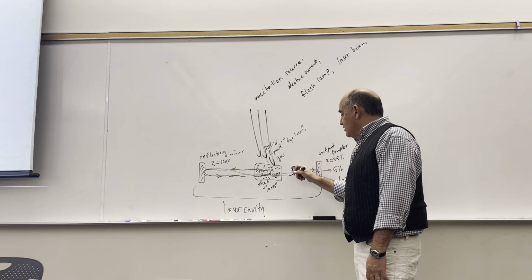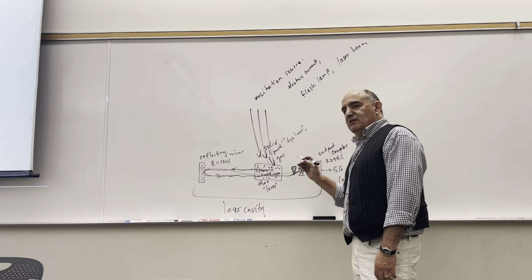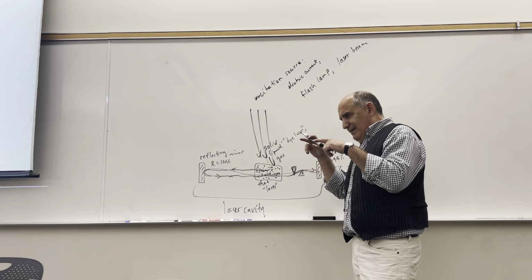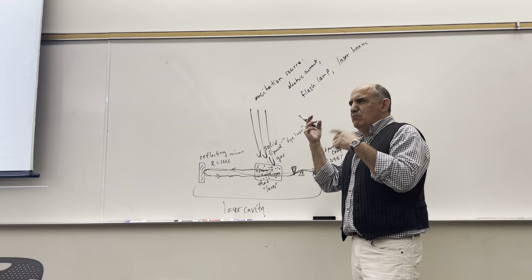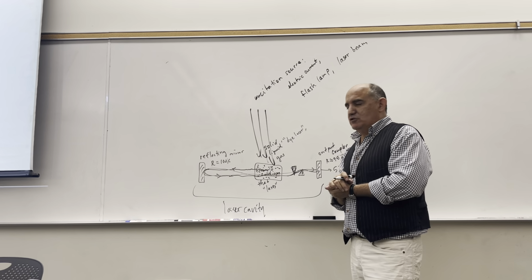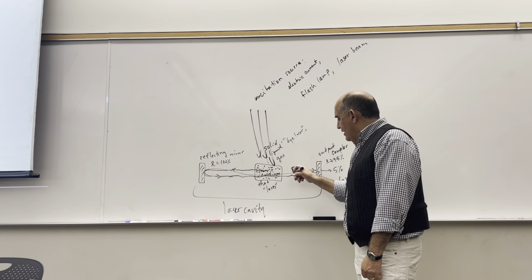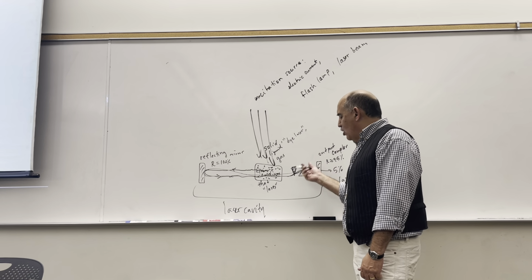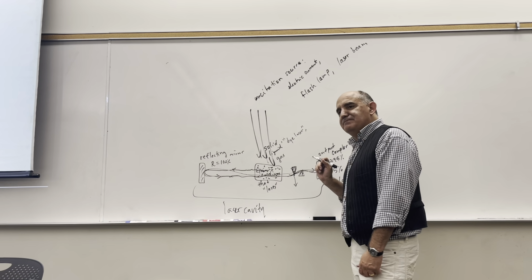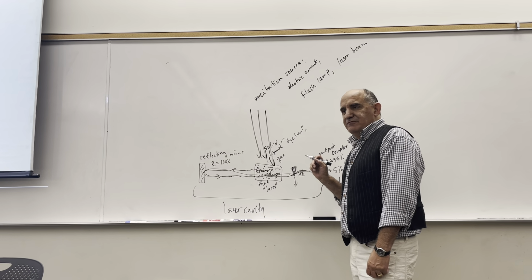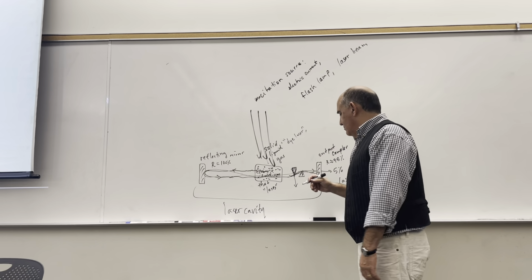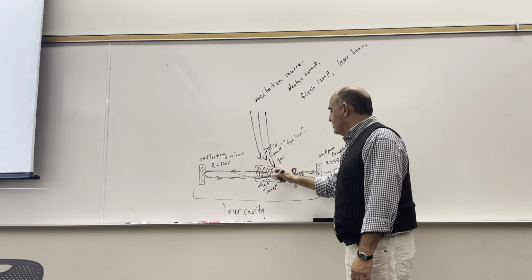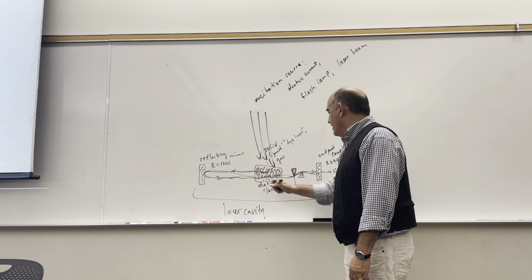So these prisms over here are used to control the duration of the laser pulse. You can set these prisms and cause them to reflect light for a certain time, and so then you have no light, but in the meantime, this is getting more excited, gaining energy.